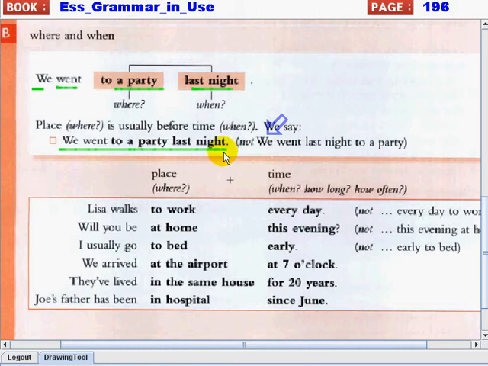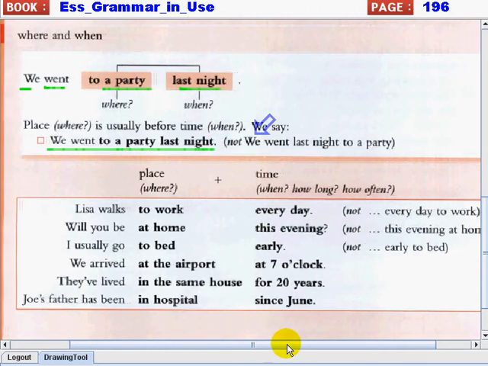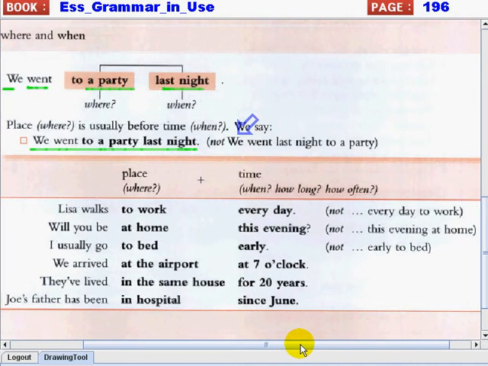Okay, now let's try to observe the following sentences. Lisa walks to work every day. It should not be Lisa walks every day to work. Okay, we have here our subject, verb, where, and time, when.